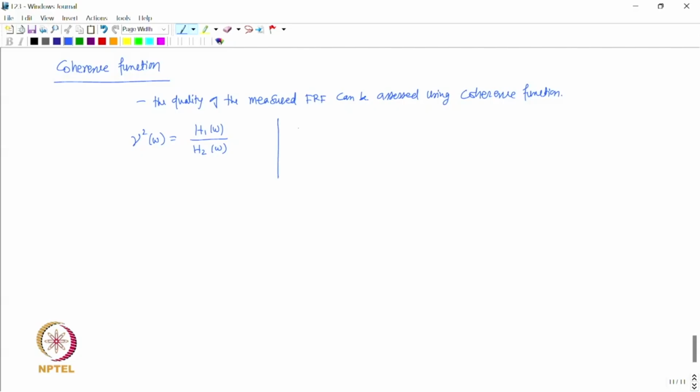So, we know that if there is no noise, right, then H1 is equal to H2 is equal to H true. So, both of them give the true estimates. So, in that case the coherence function will be equal to 1.